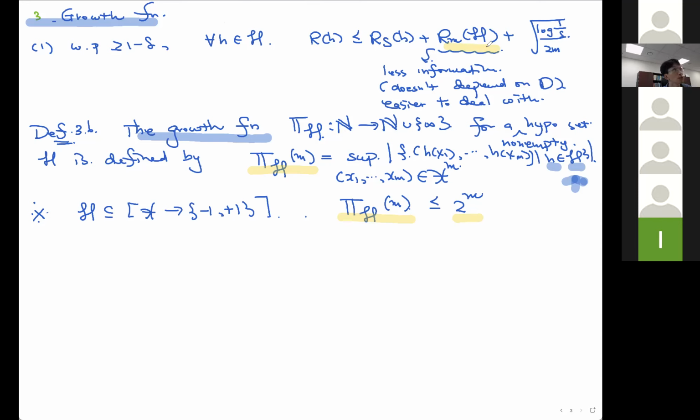It turns out the answer is yes. Here's the key lemma, and let me just show you the key lemma and the conclusion first. Maybe next time we prove the lemma. The key lemma is called Massart's lemma.